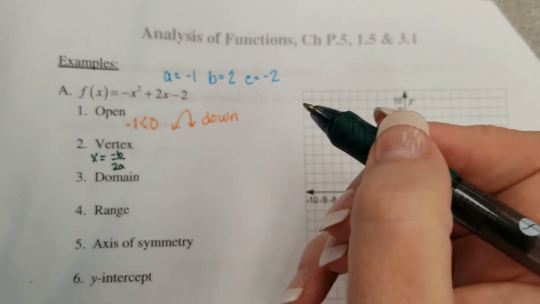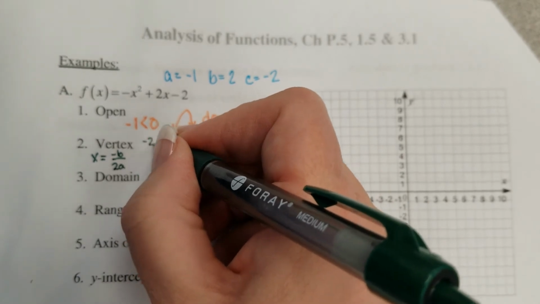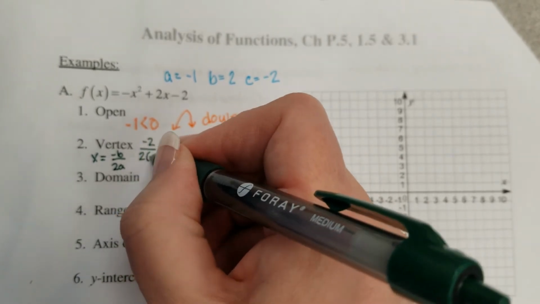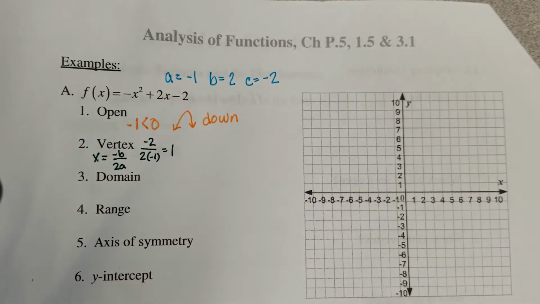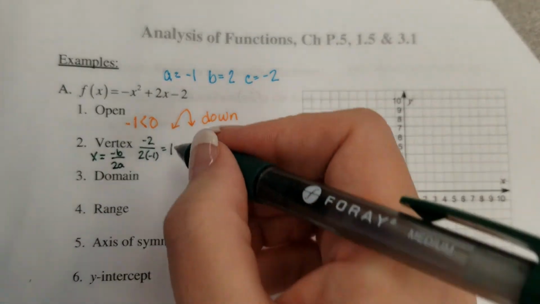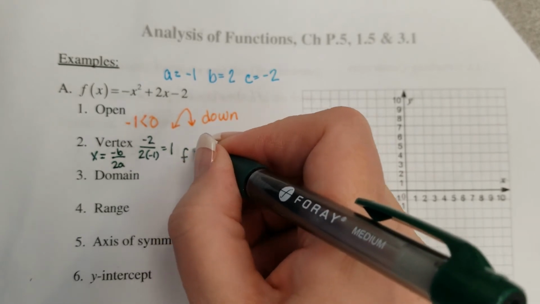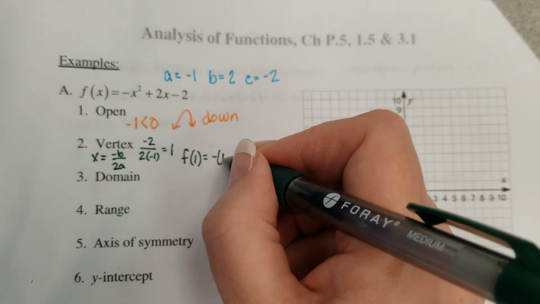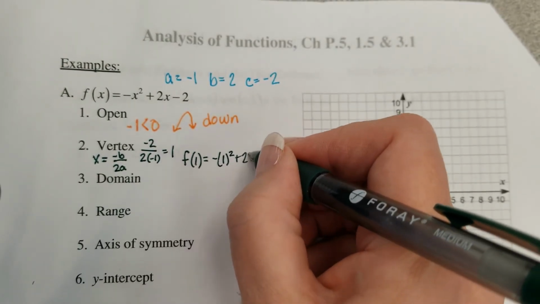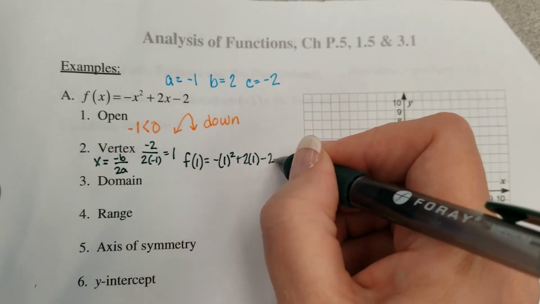So -b, which will be -2 over 2 times a, is -1. So -2 over -2 is going to equal 1. And then we're going to do f of 1 to get our y term. So we're going to have -1 squared plus 2 times 1 minus 2.